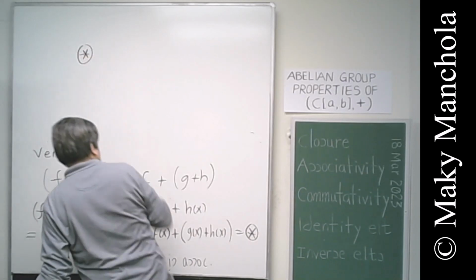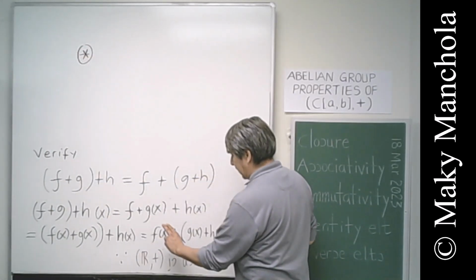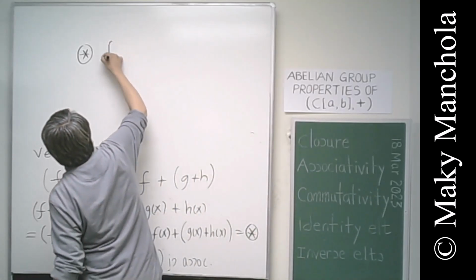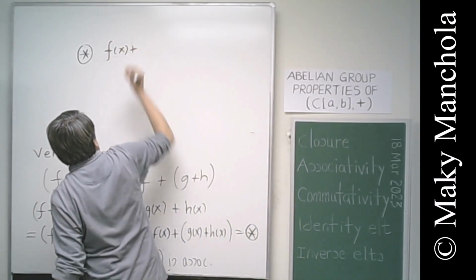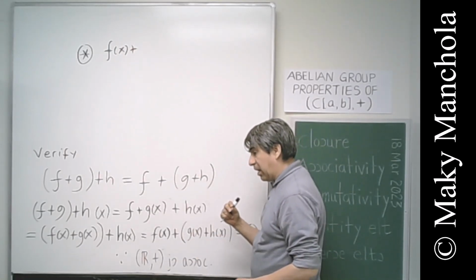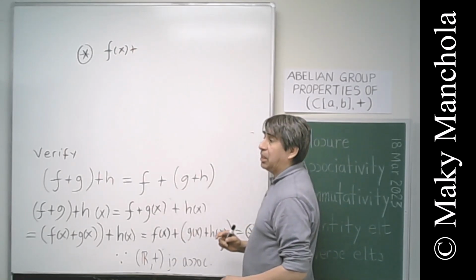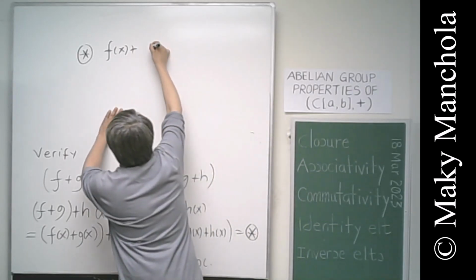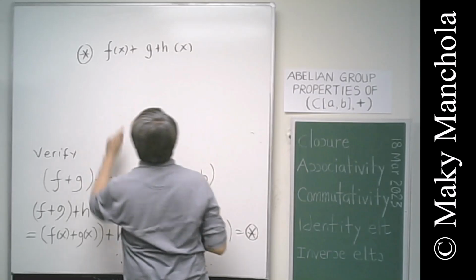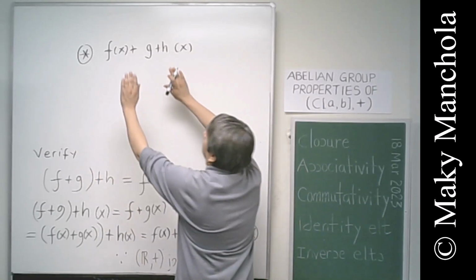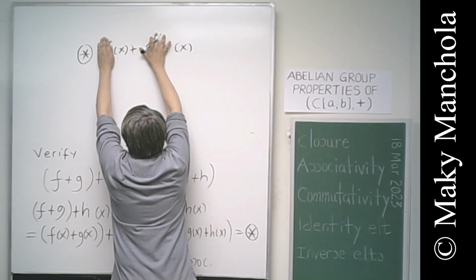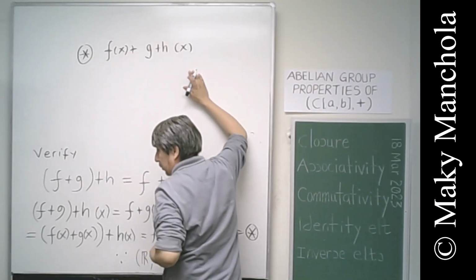Now, let's begin to rewrite this back into what it means. So, what does this mean? This means f of x plus, what's inside the parenthesis is g plus h evaluated at x. But finally, we're going to use that same rule again here. Here is my function f, here is my other function g plus h.